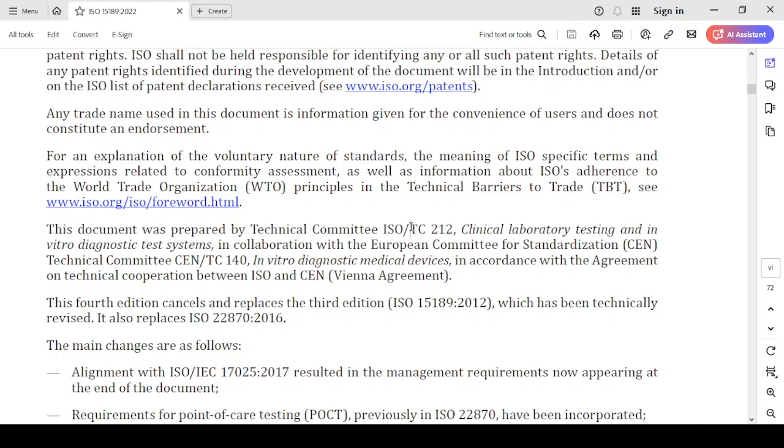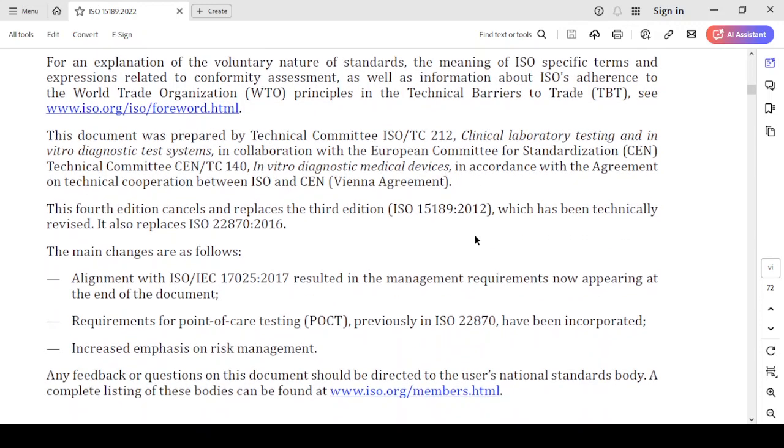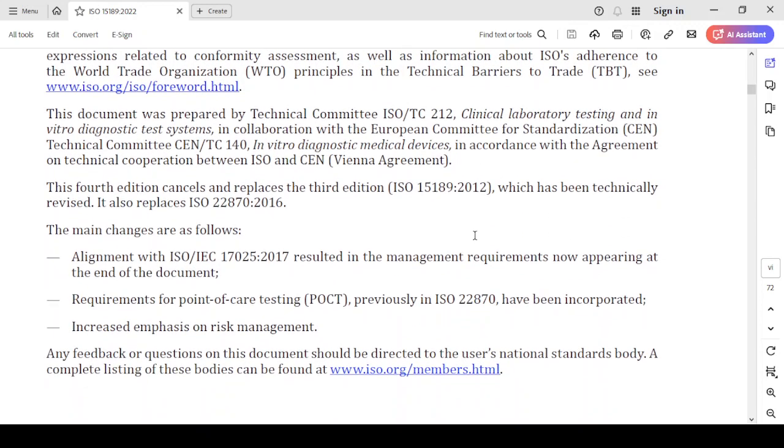Okay, there are other organizations through which, if you want a seat on this committee, you can become a member of those organizations. And when these meetings are called, you're one of the members that can go and represent and put in your thoughts. So it is the Committee for Clinical Laboratory Testing and In Vitro Diagnostics. It is TC 212. Okay, that is the committee that established this standard.